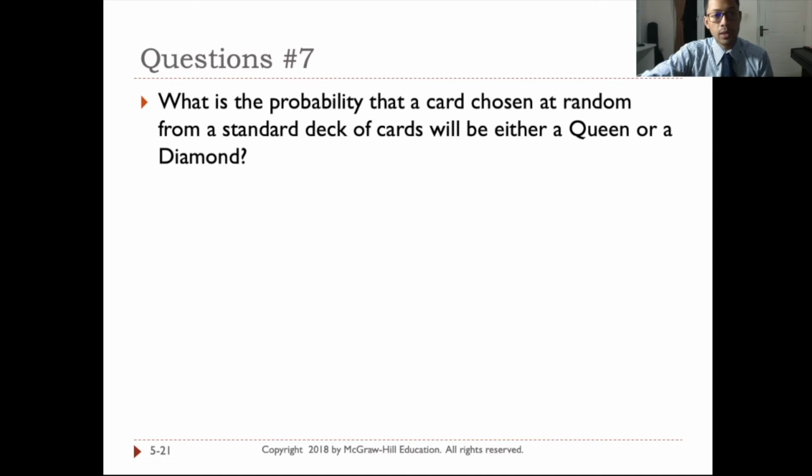And the probability of a queen and a diamond is 1 over 52. So the probability that it will be either a queen or a diamond is the probability of the queen plus the probability of a diamond minus the probability of the queen and the diamond. Okay, now you can scribble it out and figure out the eventual result, but the idea is there.